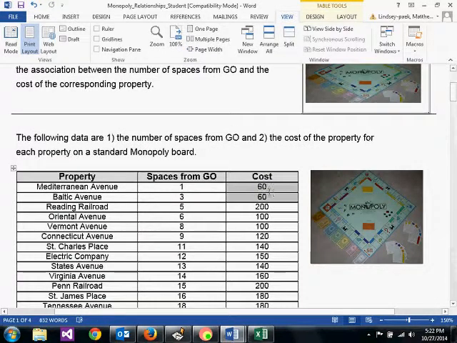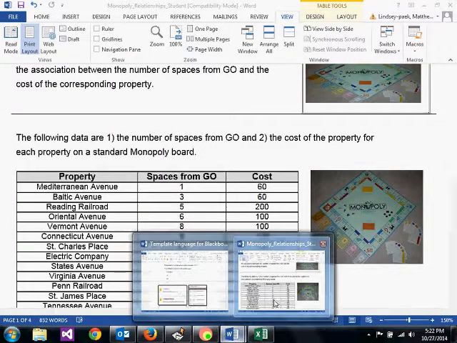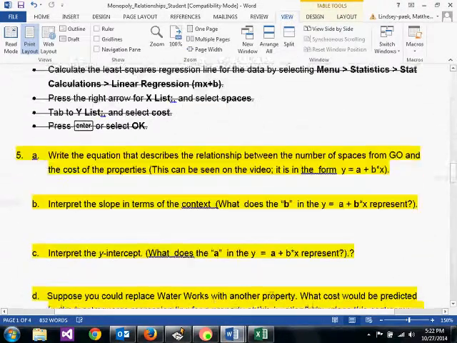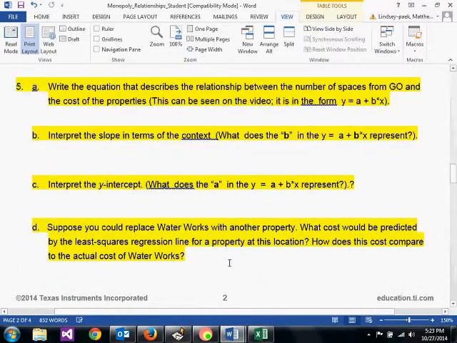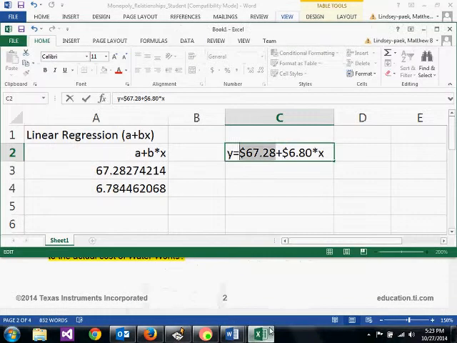The last question here in 5, part D, it says, suppose you could replace Waterworks with another property. What cost would be predicted by the line for the property at this location? So what it's asking us here is if we come back to this particular table, and we go to Waterworks.